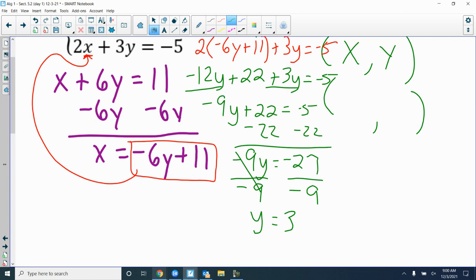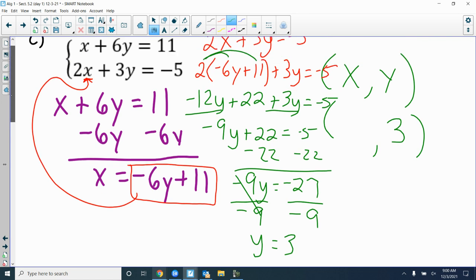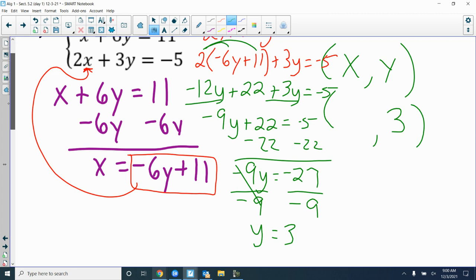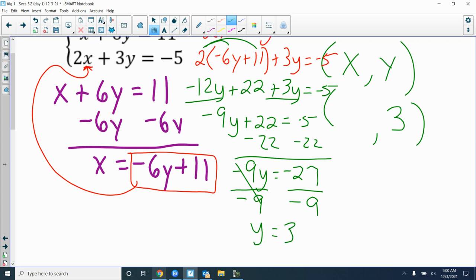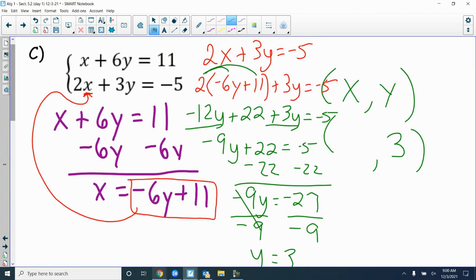Now, guys, see how you have your empty coordinate point ready to go? As soon as I get an answer, I like to plug it in right there. Okay? Now, guys, pay attention. This will save you a lot of work, I think. Do you see all the work we did? It wasn't that much.